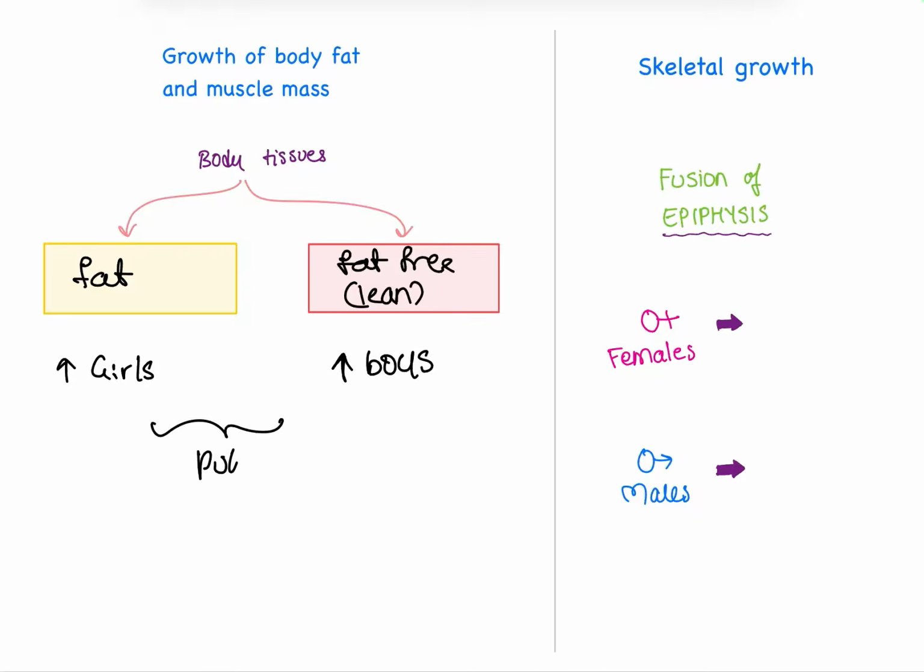This is after puberty. Skeletal growth. Skeletal growth stops when there is a fusion of epiphysis with the shaft. In females, it occurs at 18 years. In males, it occurs from 20 to 22 years. So that's why males are more in height than females, on average about 13 centimeters.